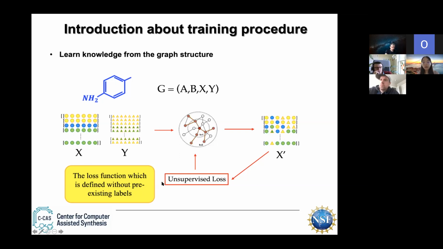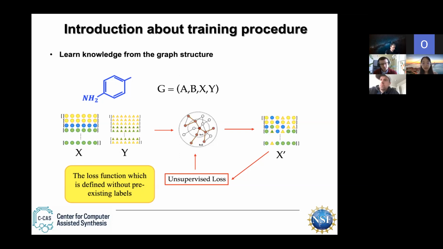And then I will define an unsupervised loss. The unsupervised loss is the loss function which is defined without pre-existing labels. I will use this loss function to train the graph neural network to update its parameters or weights, so that the representations of nearby nodes are more similar, and the representations of disparate nodes are highly distinct.